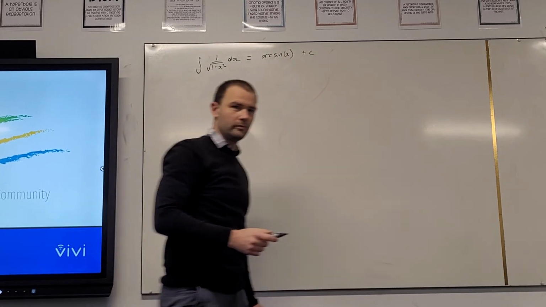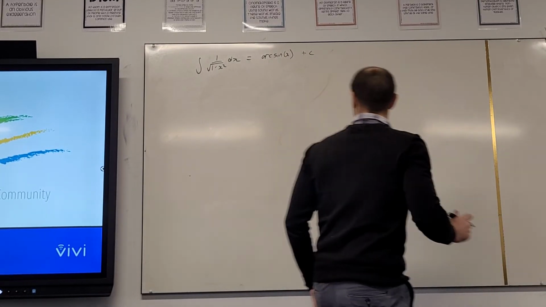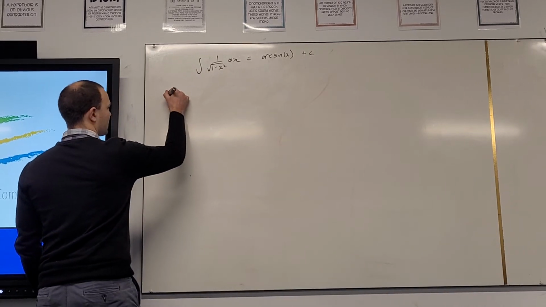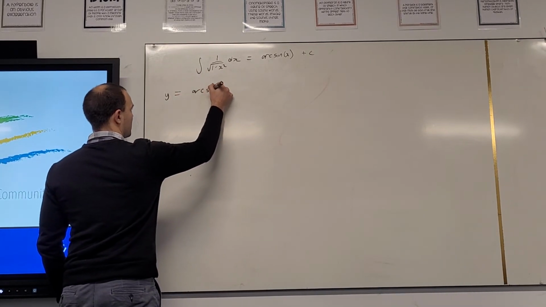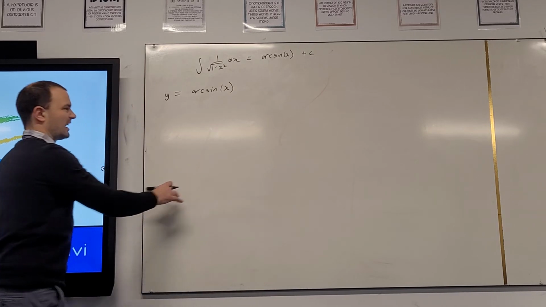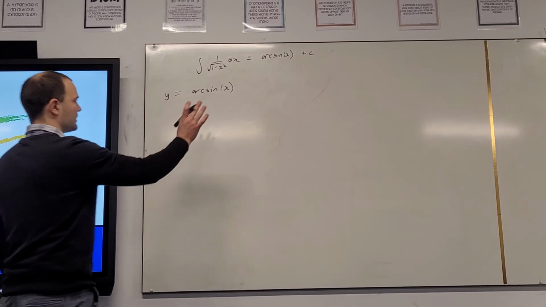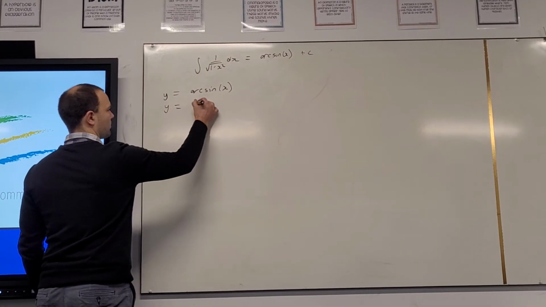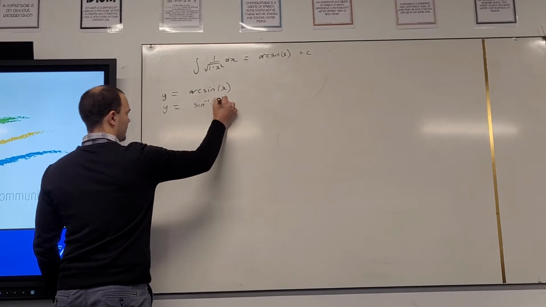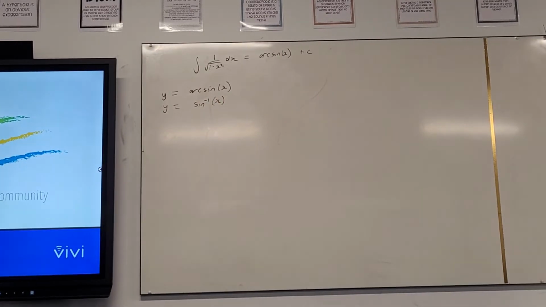Okay, it wants us to prove that this is true. So let's start with the function y equals arc sine of x. We can have the plus c there, but we don't need to. And let's try and differentiate it. I'm going to rewrite it in a form we're probably more familiar with. You can use either. Either of these is absolutely fine.